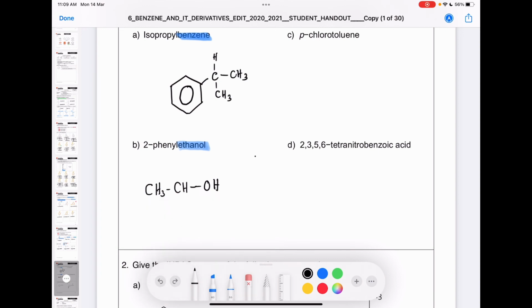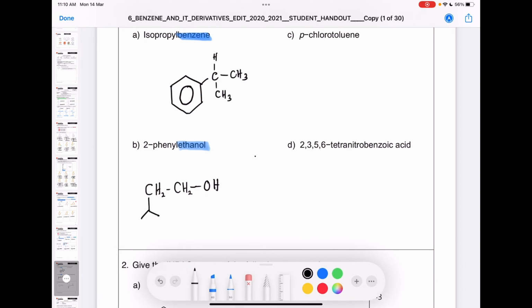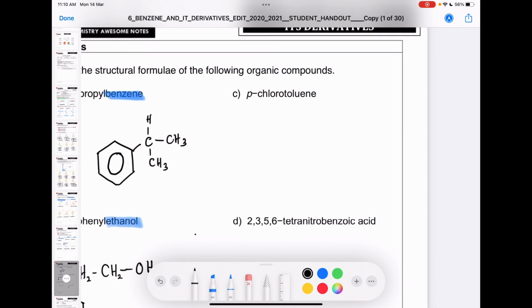I think I got it wrong. This is carbon number 1, so it should be here. This one will only have 2 hydrogens, and we have the substituent here. So this is 2-phenyl ethanol.